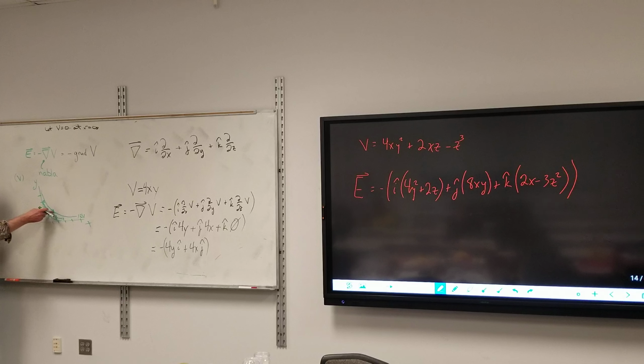Let's actually figure out what this point is. So that point right there, when x and y are equal to each other, 12 is equal to 4x squared, so x is the square root of 3. So this is the point 1.7 something, 1.7 something.